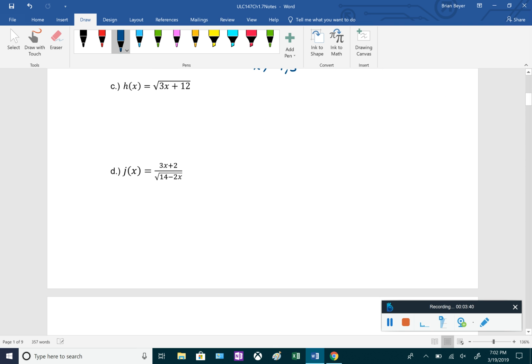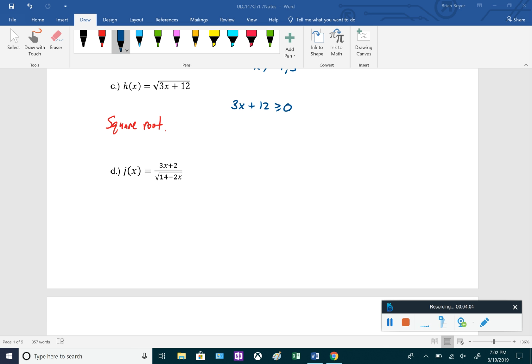Next one, h of x is the square root of 3x plus 12. This is a square root function. Based on what we had written in that paragraph above, the radicand has to be greater than or equal to 0. It cannot be negative.